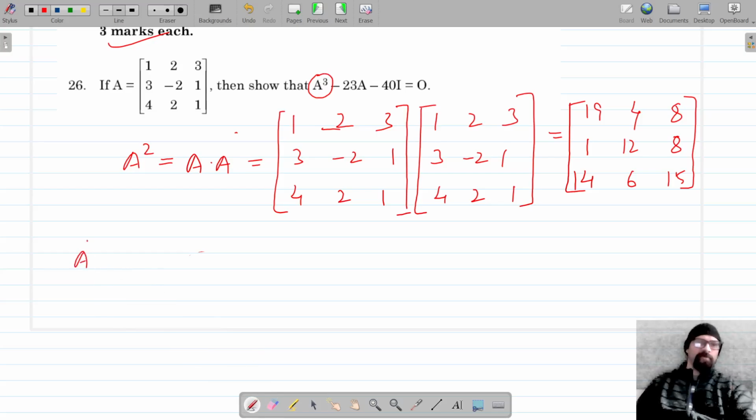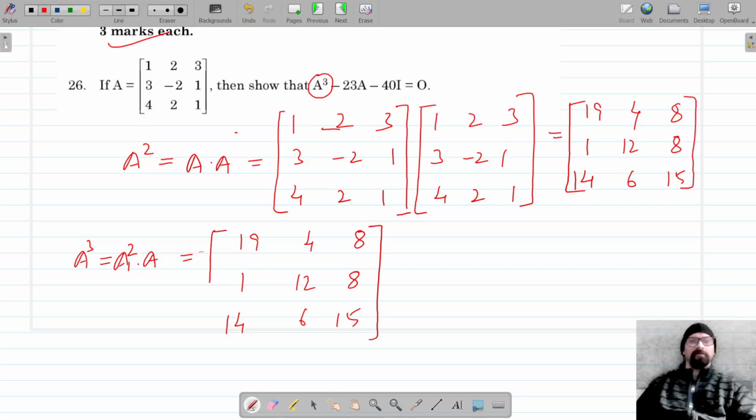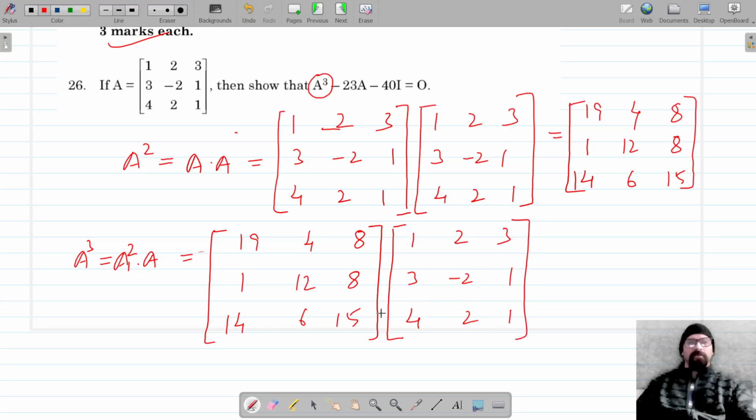So A cube is equal to A square into A. So A square is 19, 4, 8, 1, 12, 8, 14, 6, 15, and then A is again [1, 2, 3; 3, -2, 1; 4, 2, 1].